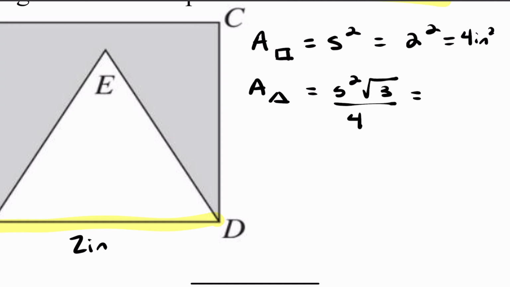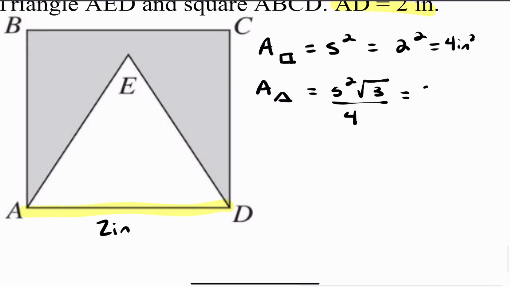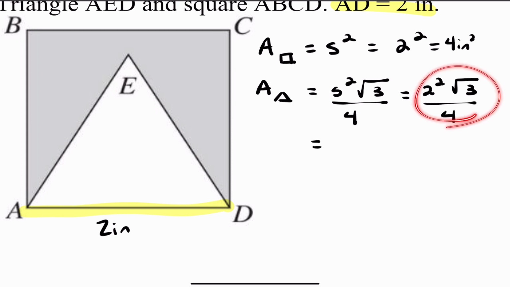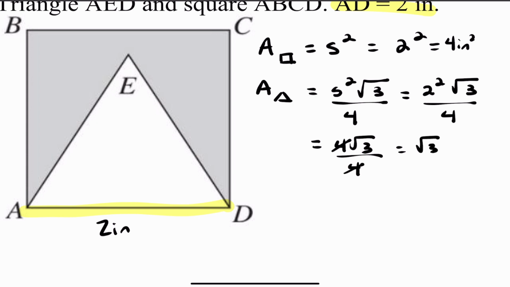We already know what s is. It's 2. So it's 2 squared root 3 divided by 4. And I can go ahead and simplify this. So I have 4 root 3 divided by 4. And I can simplify that even more because we have 4 here, 4 there. They cancel, so I'm just left with root 3.